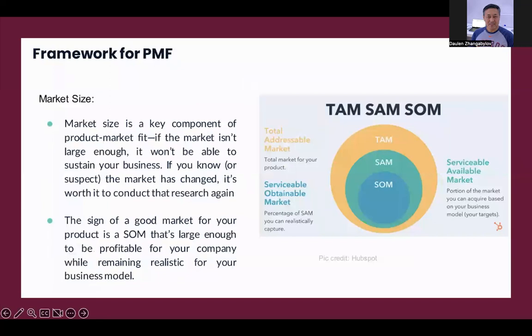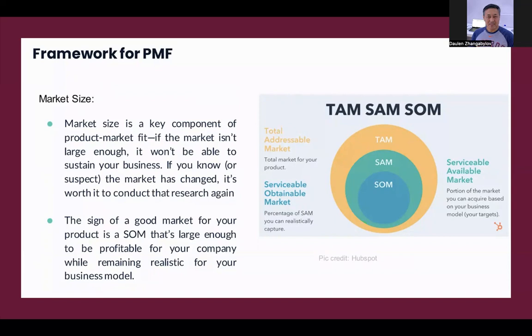Okay, so let's talk about market size. Market size is a key component of product market fit. If the market isn't large enough, it won't be able to sustain your business. If the market has changed, you should do research again.